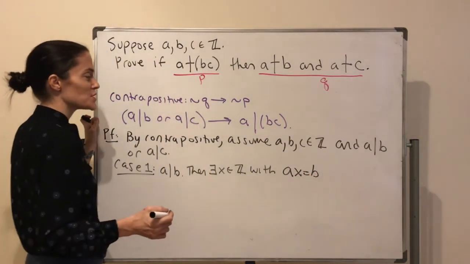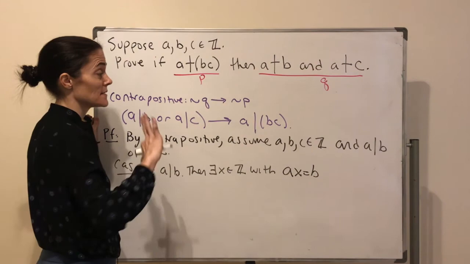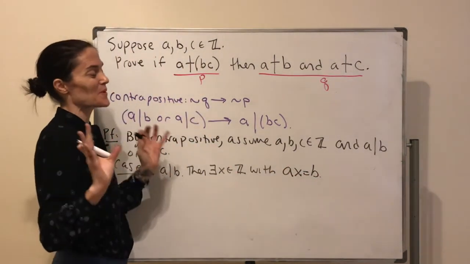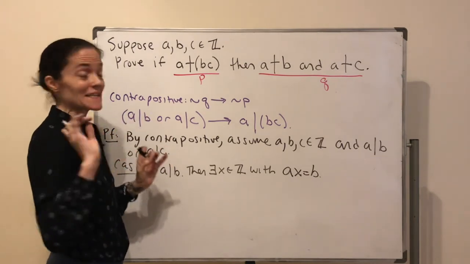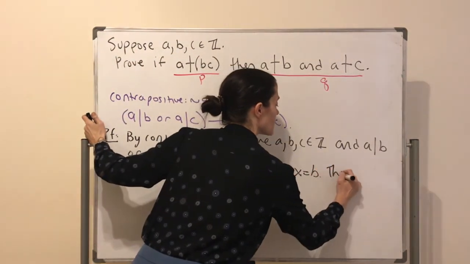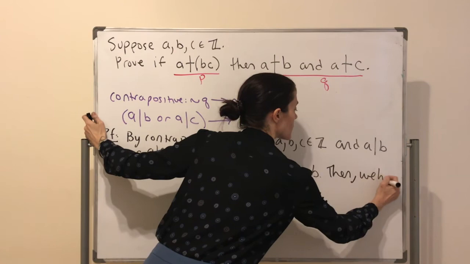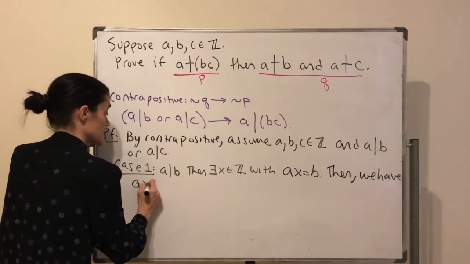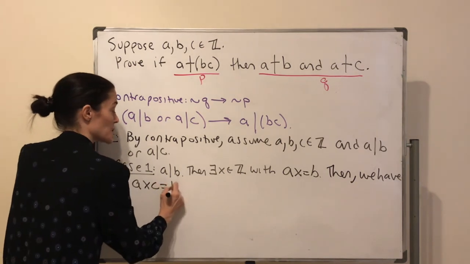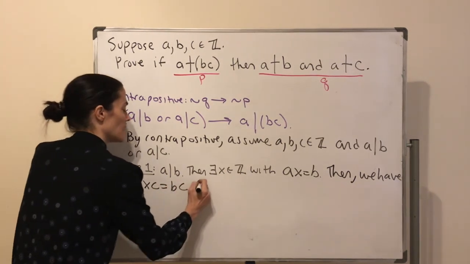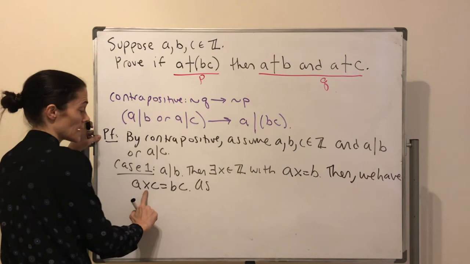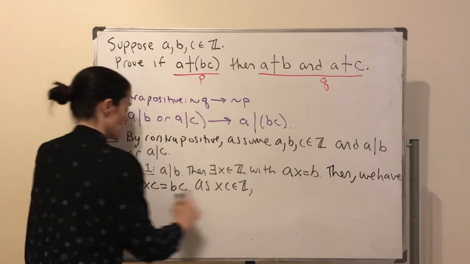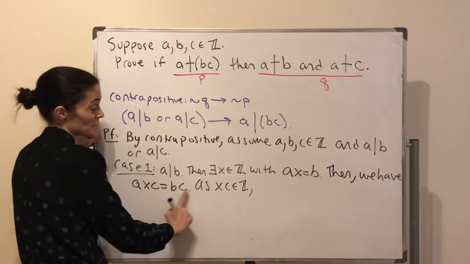Now what am I trying to show? A divides b times c. Let's just multiply both sides by c. We have axc equals bc, as here xc is an integer that says A divides this product.